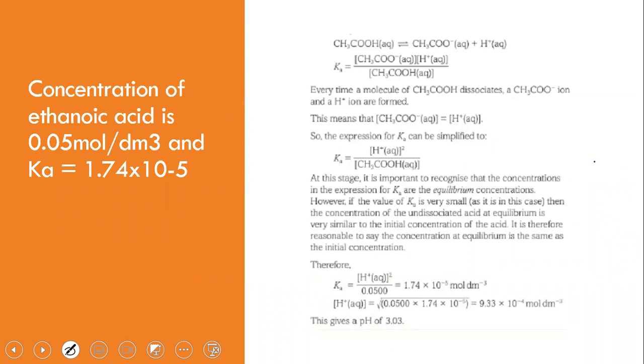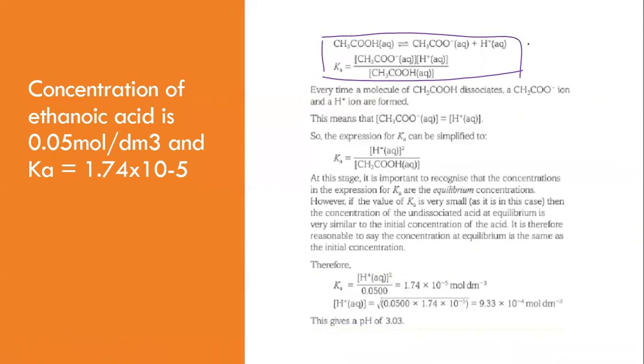Right? So we can use the acid dissociation constant to do our calculation. For example, look, this is the same scenario I was talking to you about. We have our methanoic acid, and since it's a weak acid, it will partially dissociate. So this is ethanoic acid, not methanoic acid.